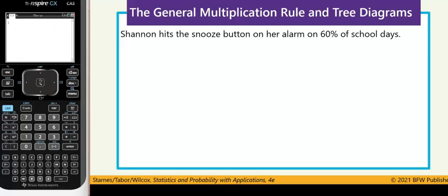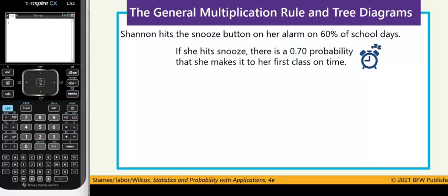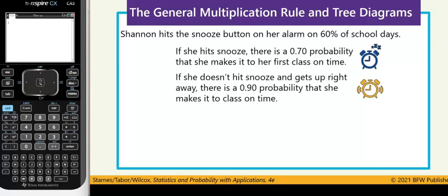So I think we might be getting to tree diagrams here. She hits the snooze button. There's a 70% chance of her hitting the snooze. If she doesn't hit snooze, then there's a 90% chance she makes the class on time. It kind of makes sense. She's going to have different probabilities of making the class on time depending on whether or not she hits snooze, because she might sleep in, she might get up on time, those kinds of things.